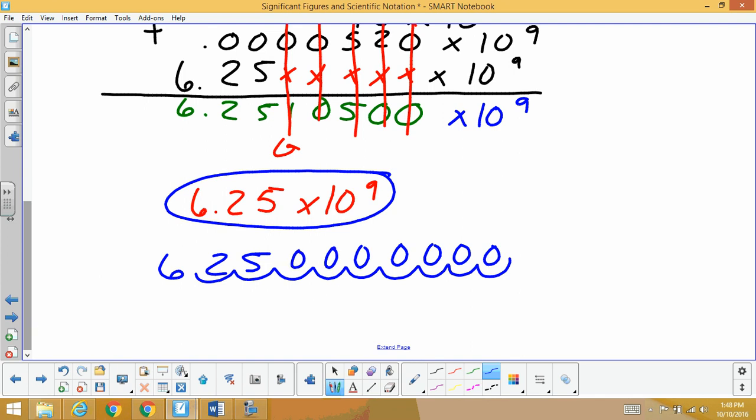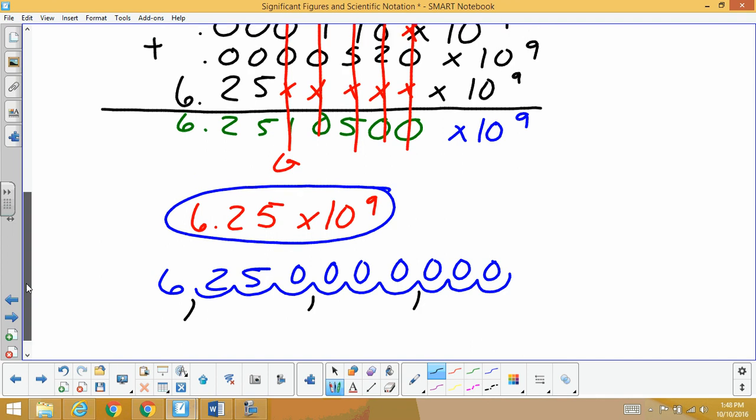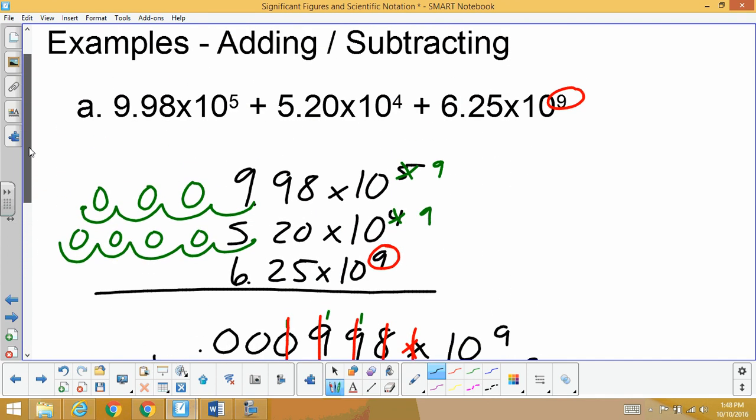Add the zeros, add the commas. So we're at 6,250,000,000.